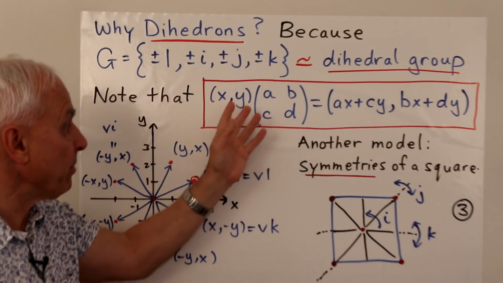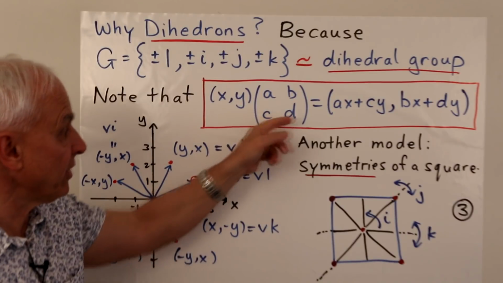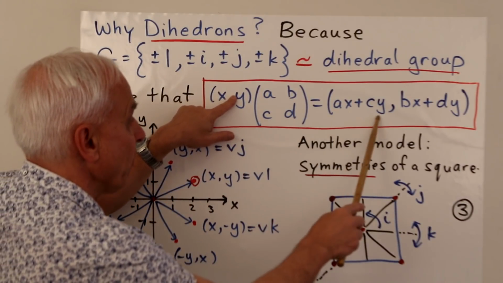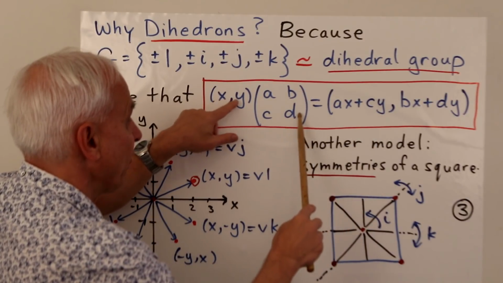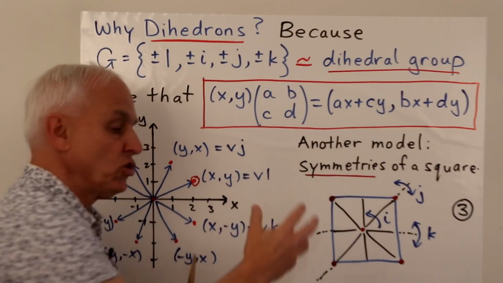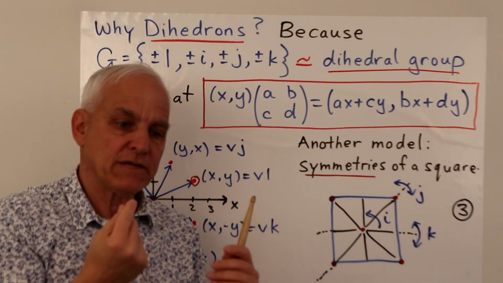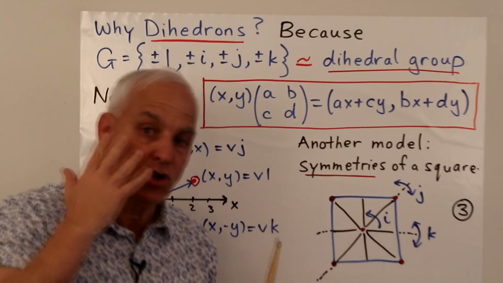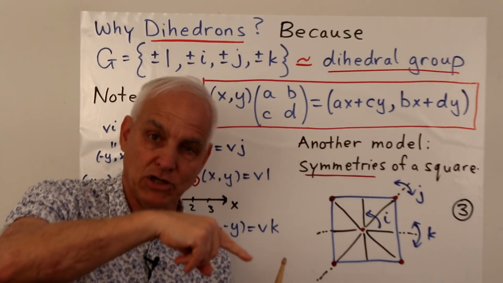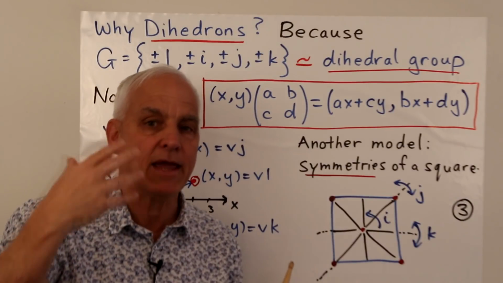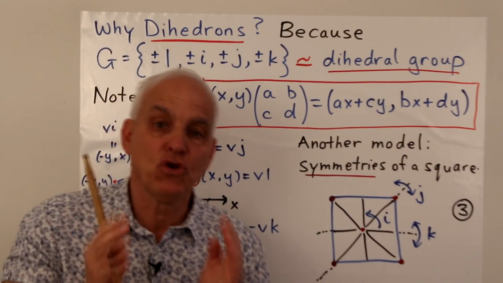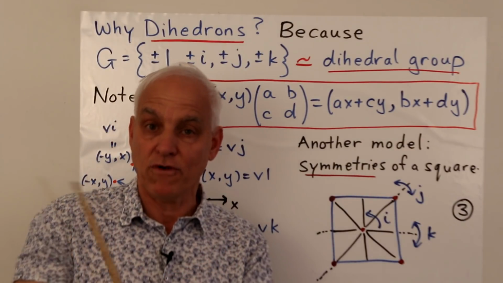This is just how you multiply this 1 by 2 matrix with this 2 by 2 matrix. You get AX plus CY for the first entry and BX plus DY for the second entry. So multiplying by a fixed 2 by 2 matrix transforms vectors in 2-dimensional space, sends a 2-dimensional vector to another 2-dimensional vector. That's one way of thinking about the geometrical meaning of a 2 by 2 matrix over a field.